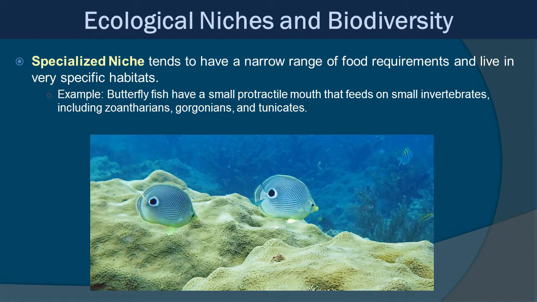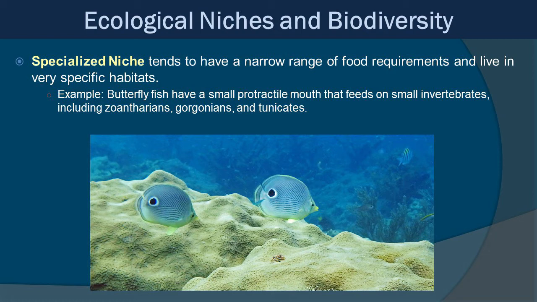A specialized niche tends to have a narrow range of food requirements and live in very specific habitats. For example, a butterfly fish. Butterfly fish have small protractile mouths that tend to feed on small invertebrates, including essentially coral polyps.